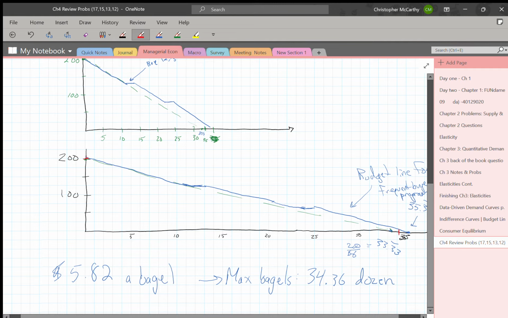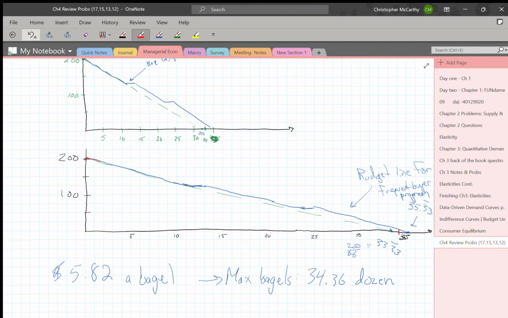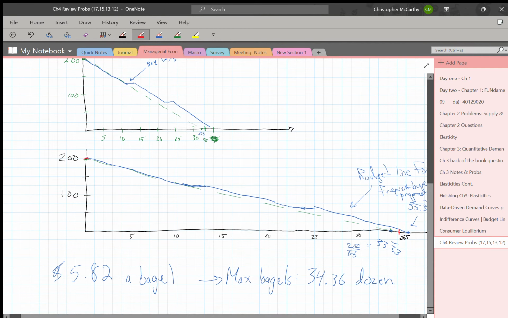And so what we end up finding is that at the beginning, because it has a steeper slope than both the green and the blue lines, it's going to be below the green and the blue lines. I need to figure out a way to draw this better. So it's going to be below the green and the blue lines.